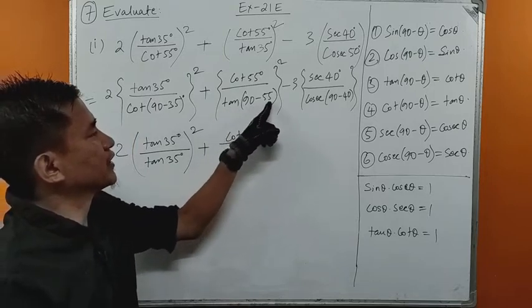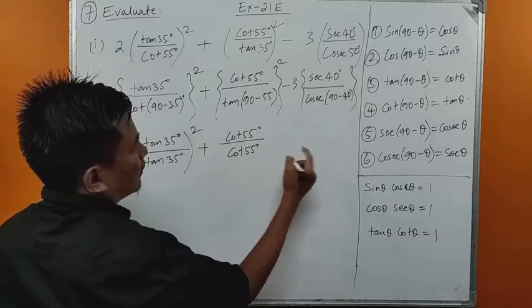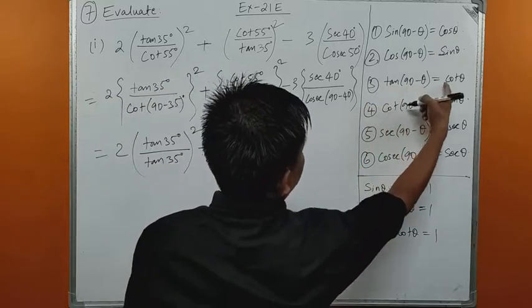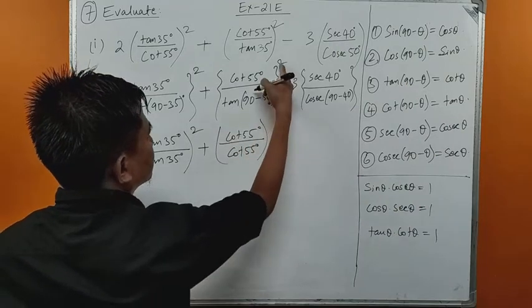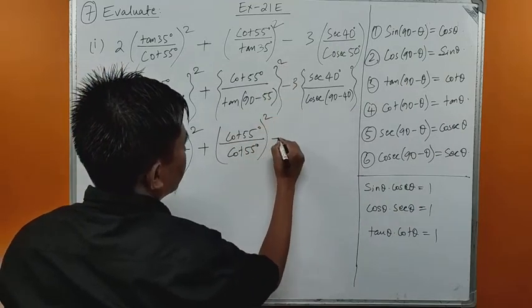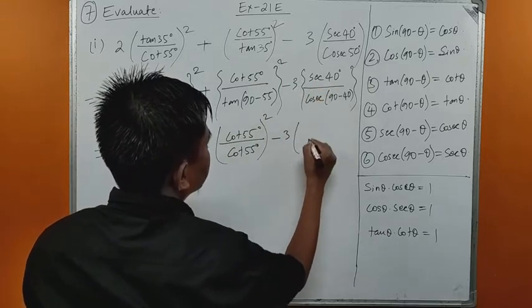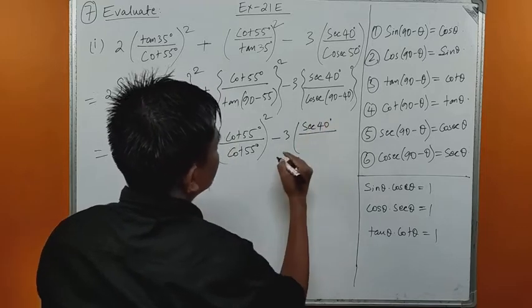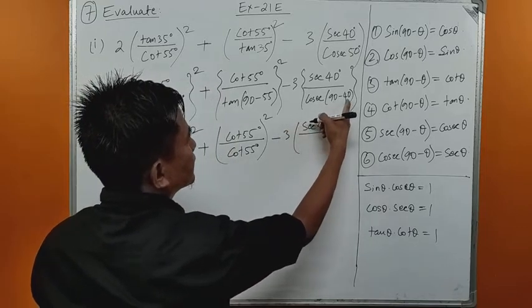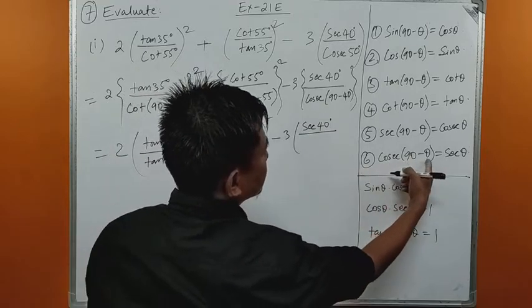Tan 90 minus theta is cot theta. So cot 55, whole squared. This square comes here, minus this 3. Now sec 40 we copy as it is, and in the denominator we have cosec 90 minus theta. Cosec 90 minus theta is sec theta.